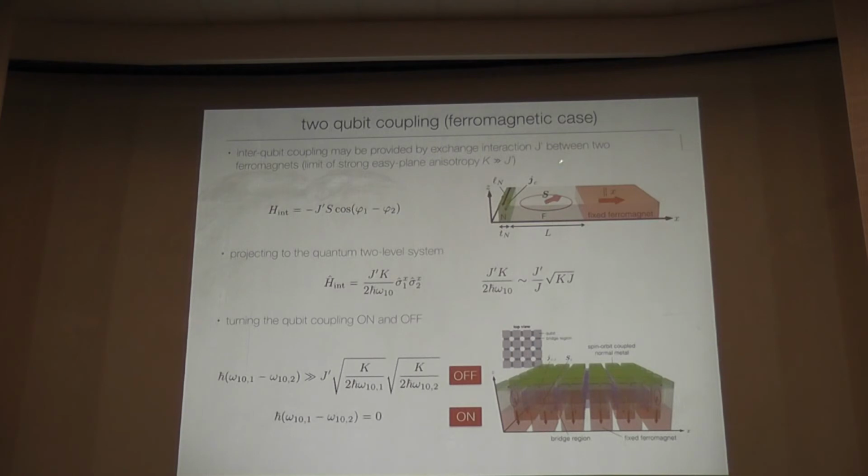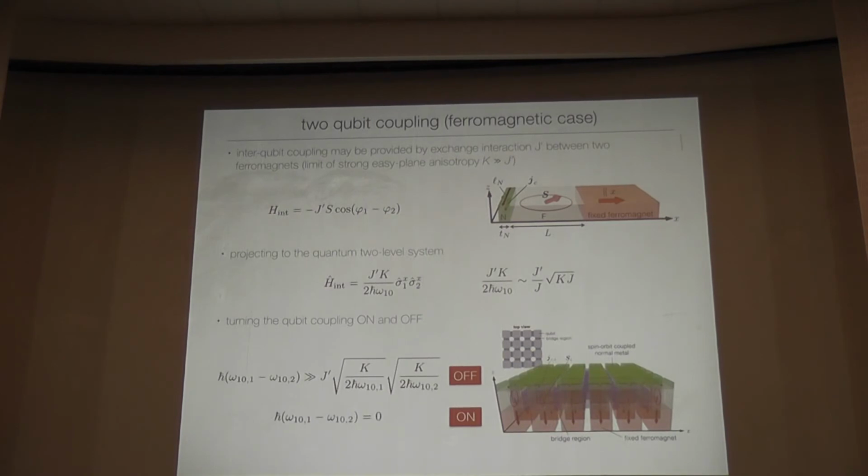Let's say the simplest model to couple this is to couple these two adjacent ferromagnets through exchange interaction. If we assume again that the anisotropy scale is much larger than this inter-ferromagnet exchange, which I call J prime, then the simple classical Hamiltonian for this exchange is just given by J prime times S cosine of the difference of the azimuth angles.